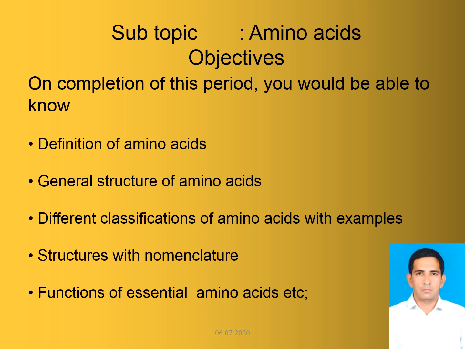Amino acids. 20 amino acids are found in proteins and they are called standard amino acids. These amino acids contain the carboxyl groups and the amino groups attached to a carbon.